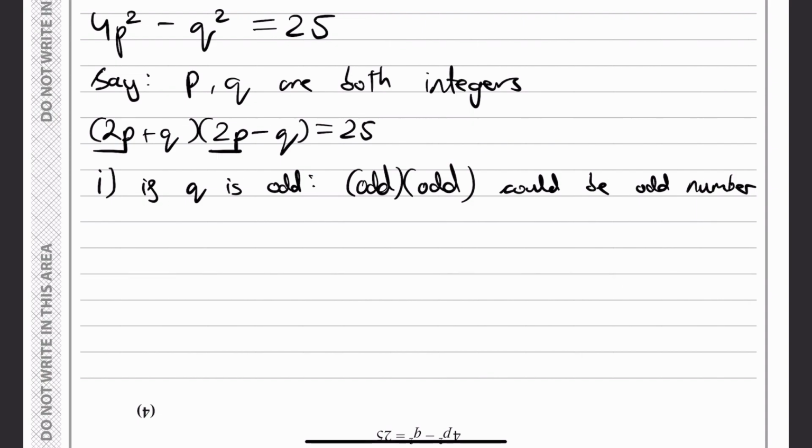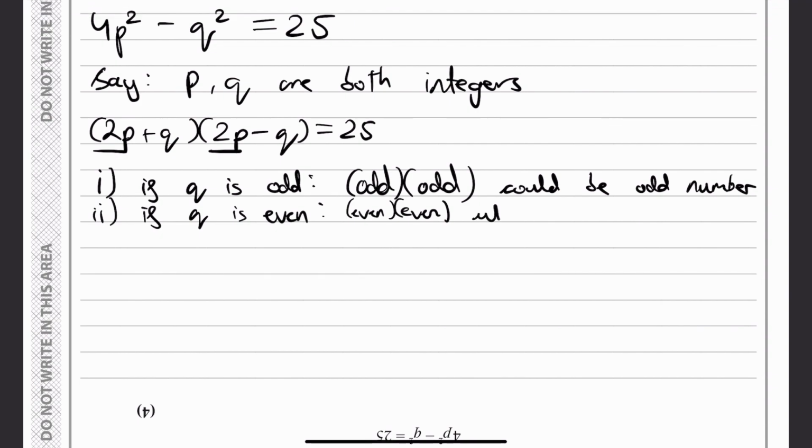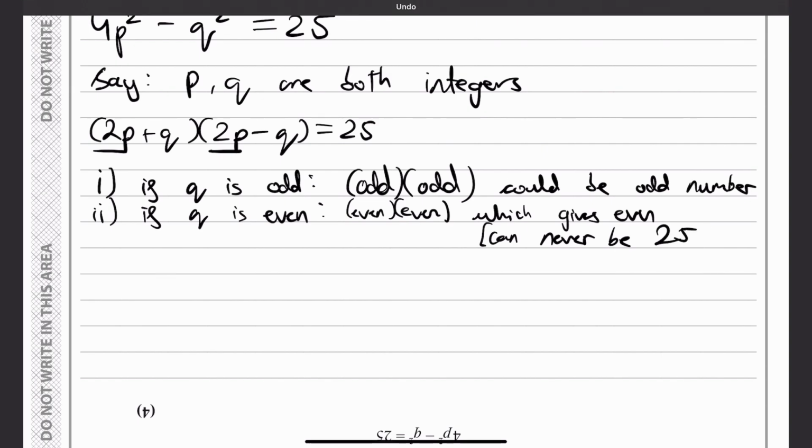So this is the one which could be odd, because if q is even, then it's going to be even times even, which gives even, and it can never be 25, since 25 is odd.